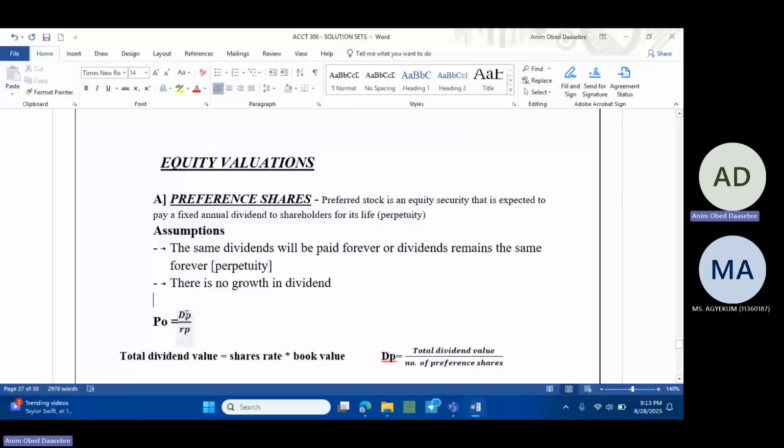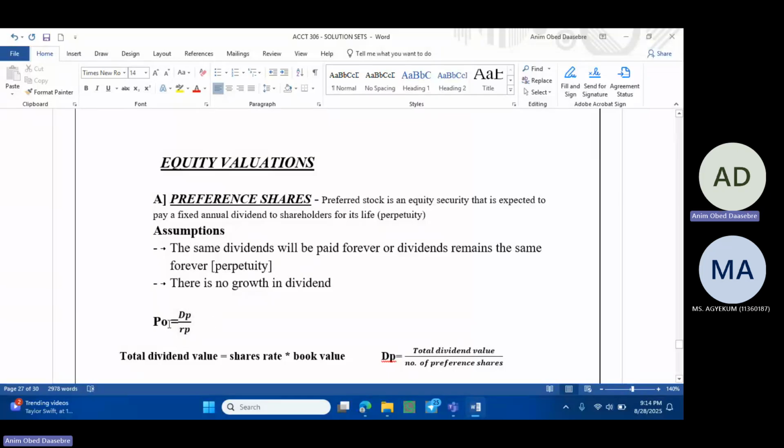Then divided by the rate, the required rate of return of the preference share. When you divide that, you get the present value of the preference share.